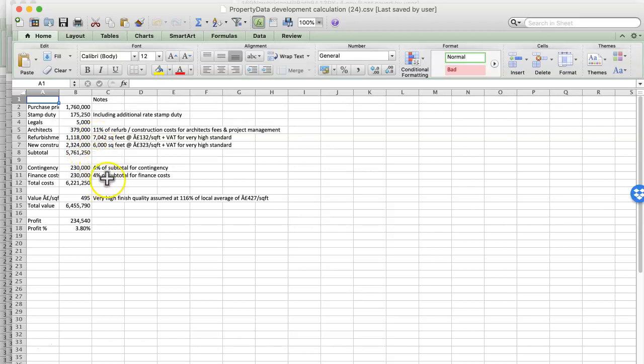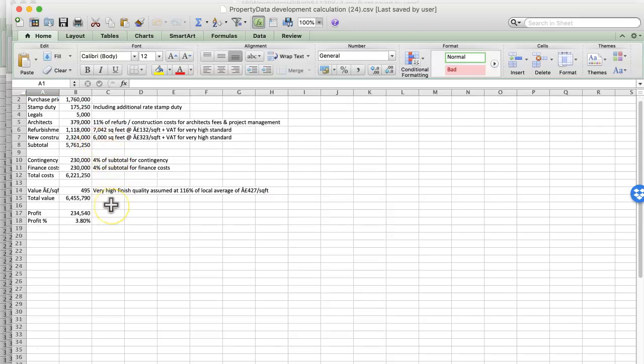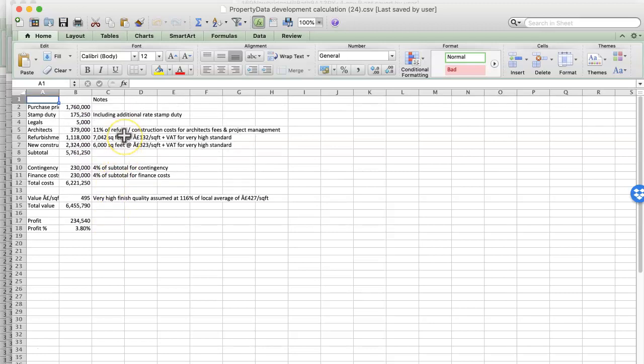We assumed there would be a higher gross development value, because we assumed a very high quality of finish, giving a total gross development value of 6.455 million and a profit margin of 234,540. So in this case, although we've got a higher gross development value, we've got a much higher development cost as well.